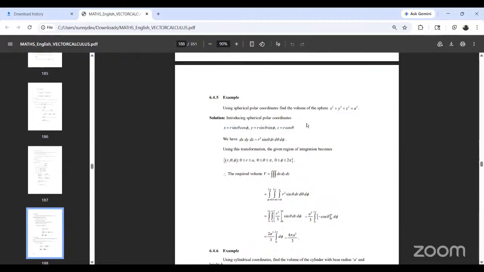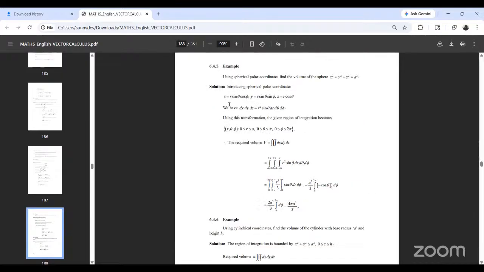So this is the polar coordinates of the sphere. Remember that for the circle, x equal to r cos theta and y equal to r sin theta. Now for this one, this is the part.